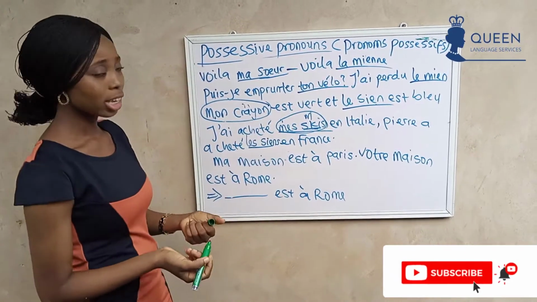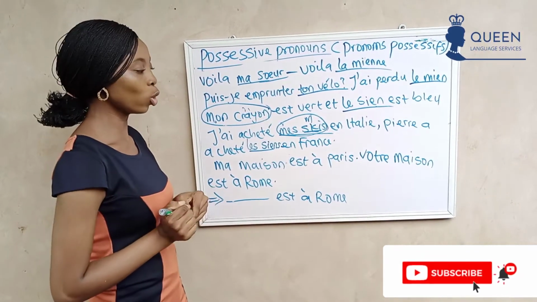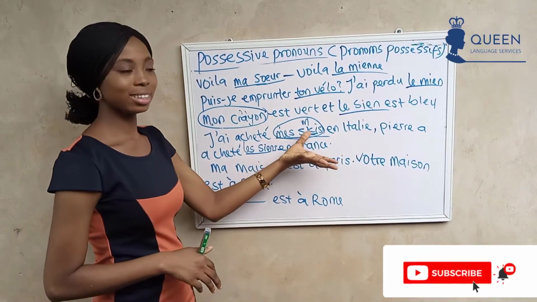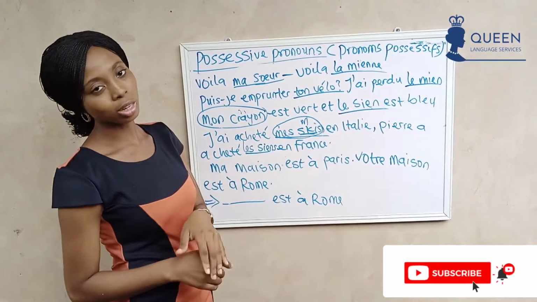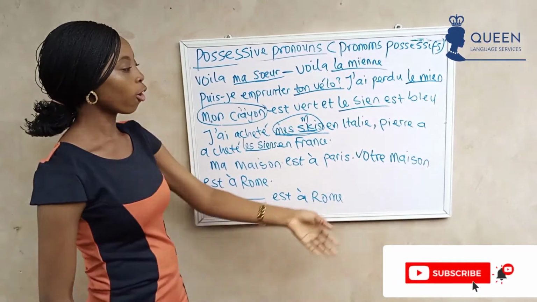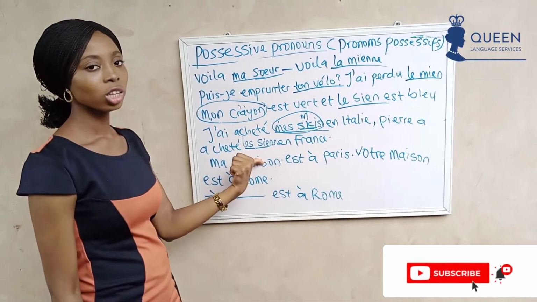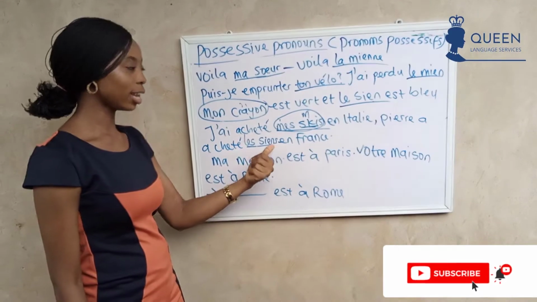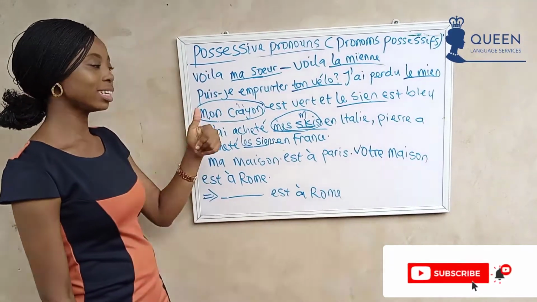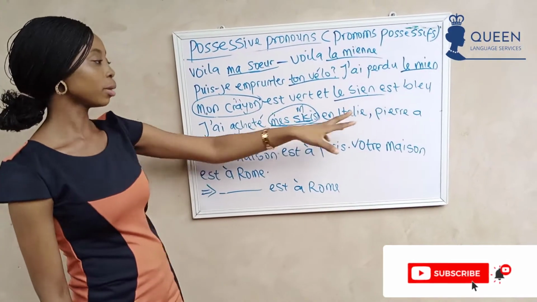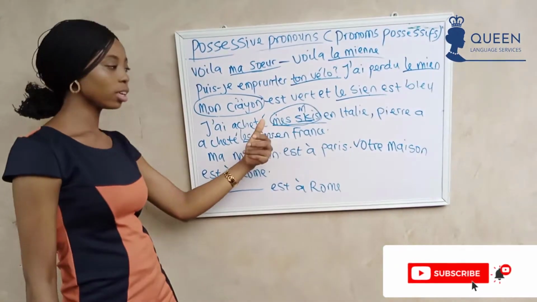Mes skis is what is going to be replaced. So note that mes skis is plural and ski is masculine. So our masculine plural for this person will come this way. It will be les siens. He bought his skis in Italy, and Pierre bought his in France.